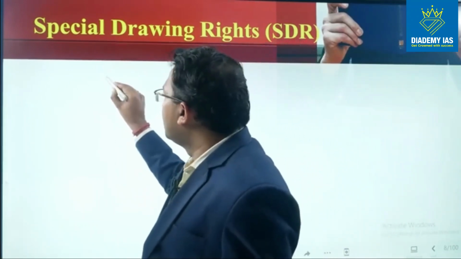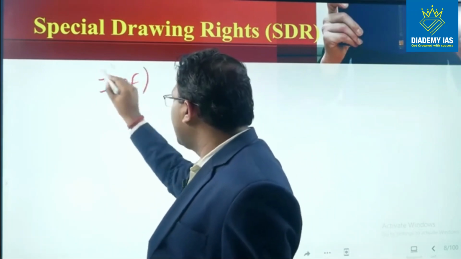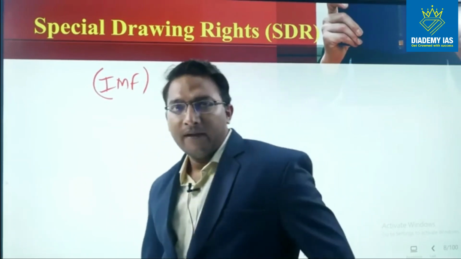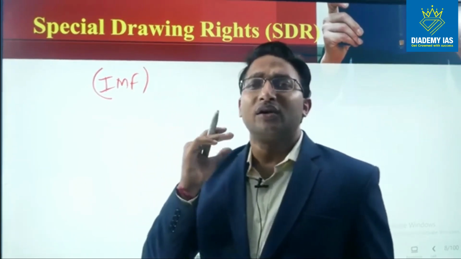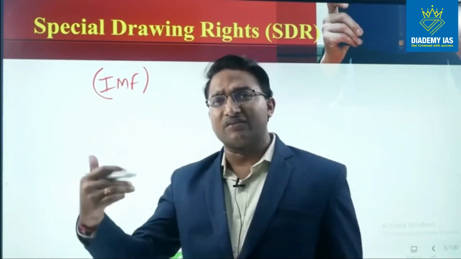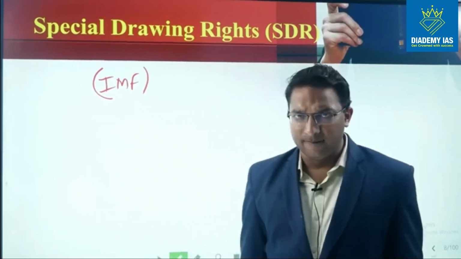we established the International Monetary Fund in the world, and we wanted all the countries to get involved in trade and capital transactions with each other in different parts of the world, right?